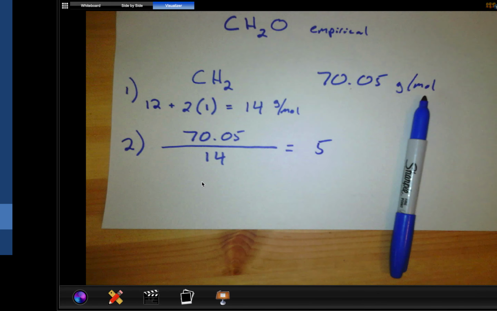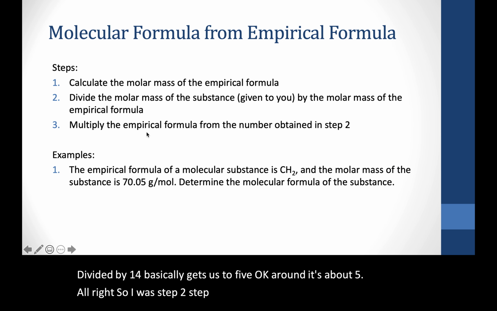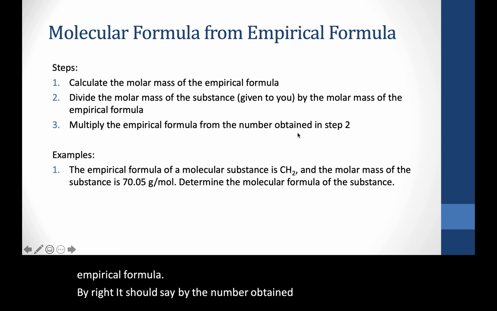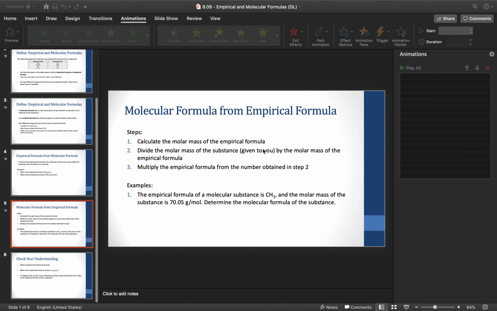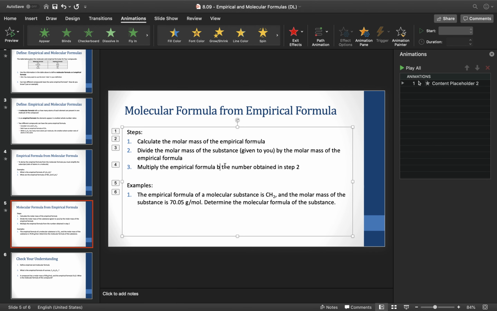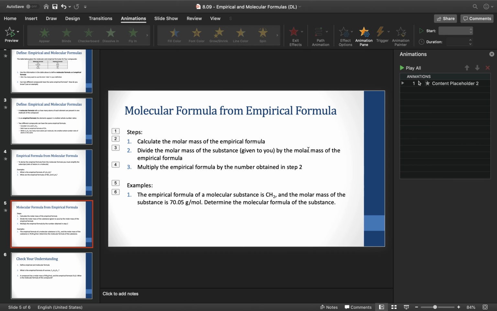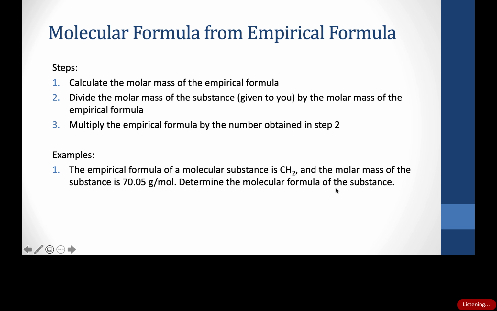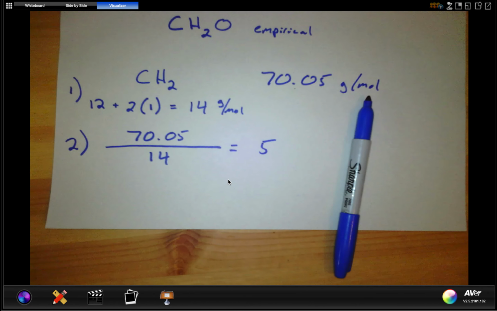Step 3, if we go back here, we multiply the empirical formula by, I should say, the number obtained in step 2. Let me fix that in real time. By the number obtained in step 2. Save that. Okay, so finally we want to multiply the empirical formula by the number obtained in step 2.